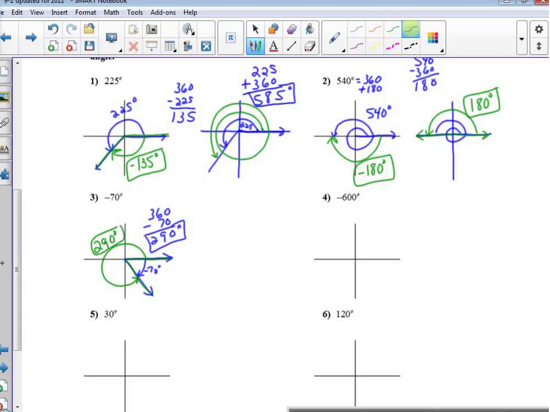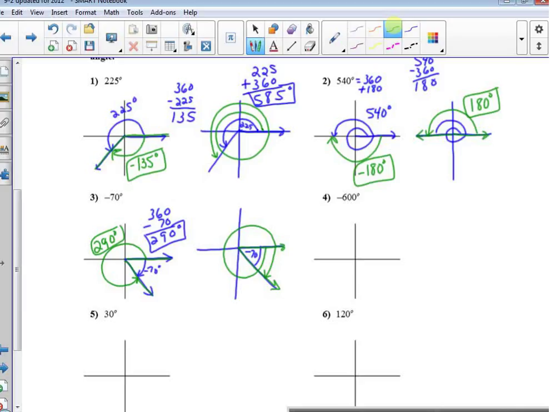And then if I'm looking for the largest negative, here's my negative 70. If I were to go 360 and then an additional 70, that has the same initial and terminal side.